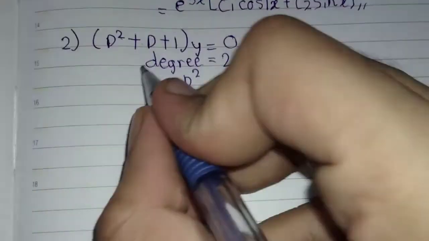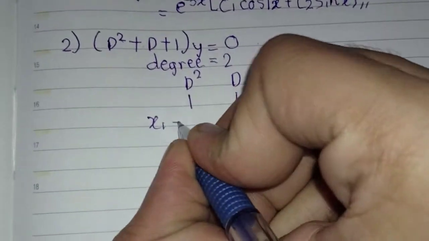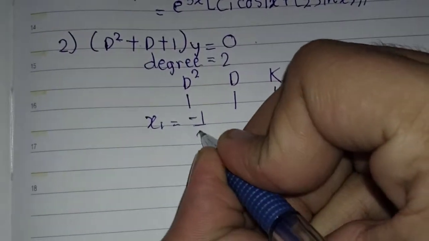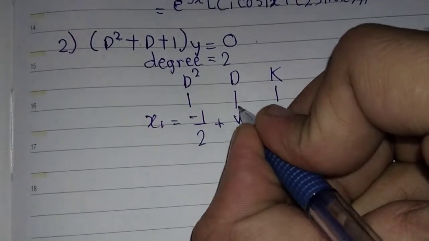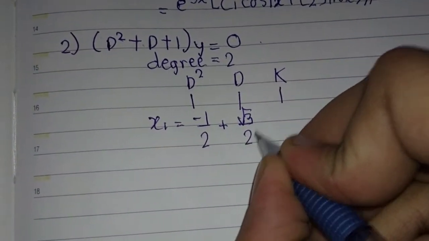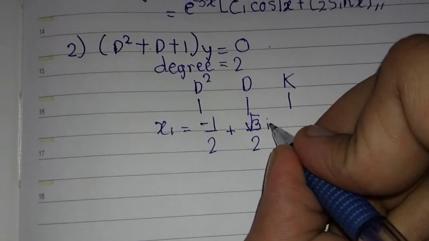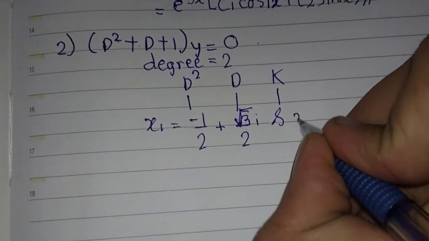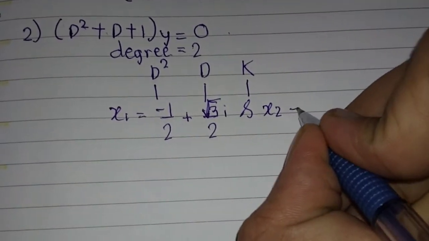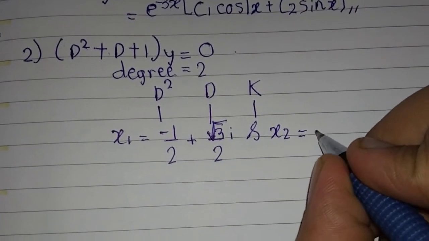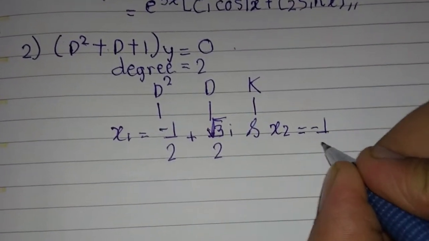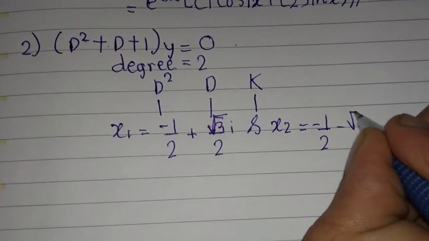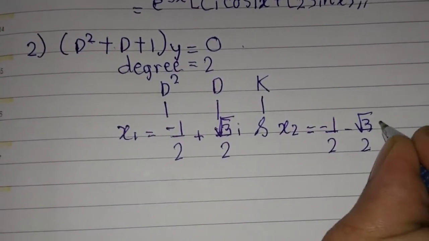So we can write it as x1 is equal to minus 1 by 2 plus root 3 by 2i and x2 is equal to minus 1 by 2 minus root 3 by 2i.